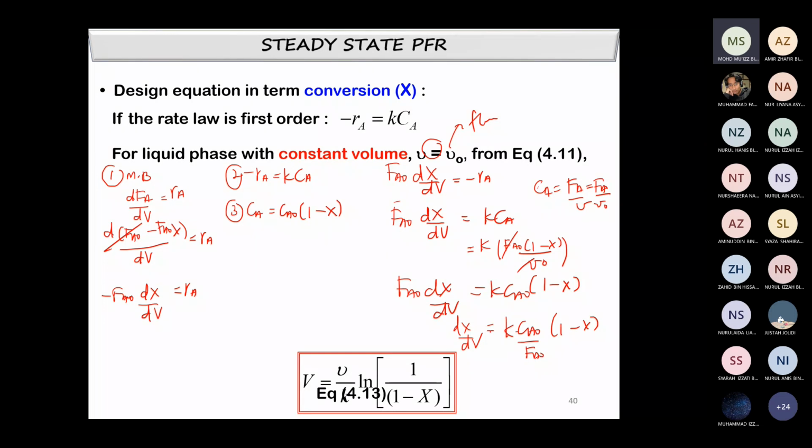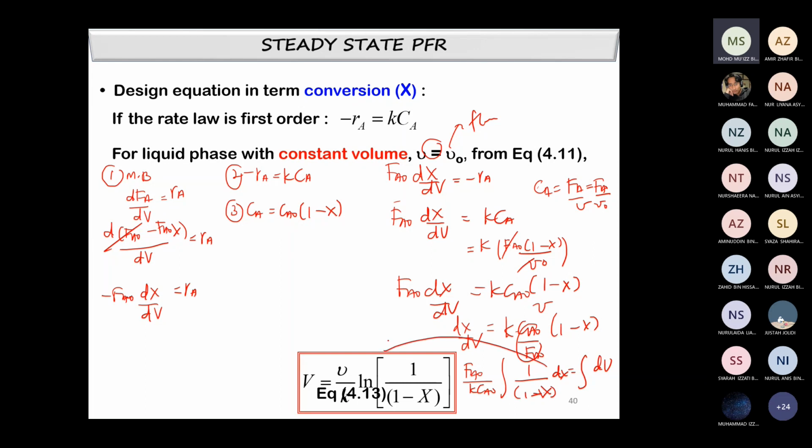So faham ke? Boleh Doktor. Okay, boleh. Benda ni kita tukar kepada volumetric flow rate. So you buat integrate in term of X dengan V. I rearrangekan terus, V0 over K CA0, then dX over (1 minus X) is equal to dV.